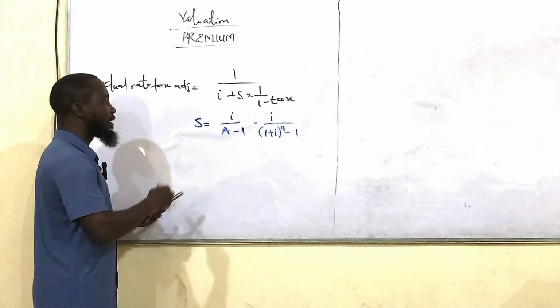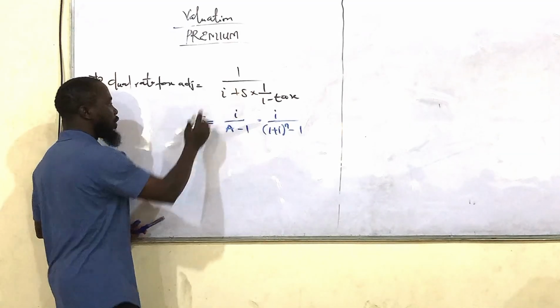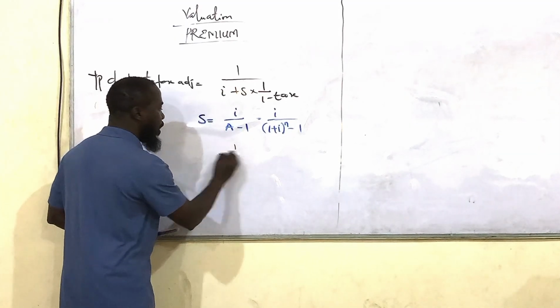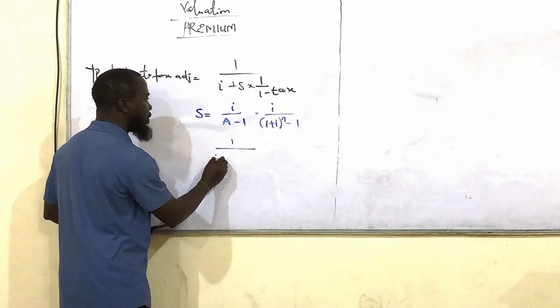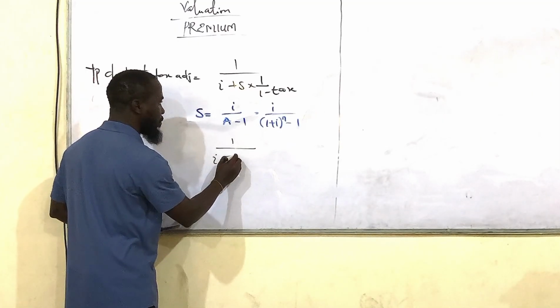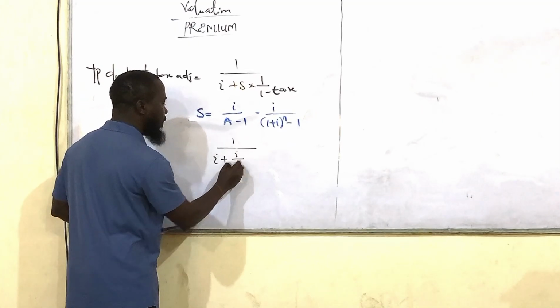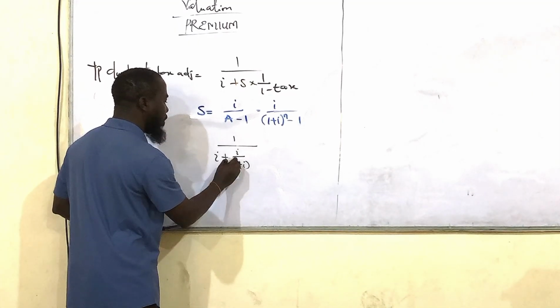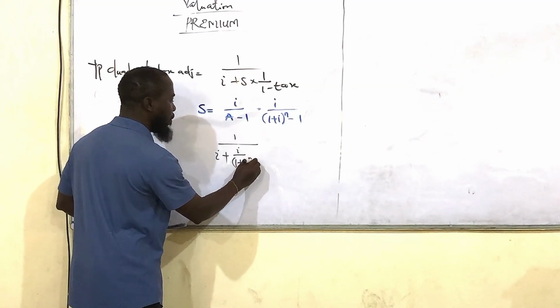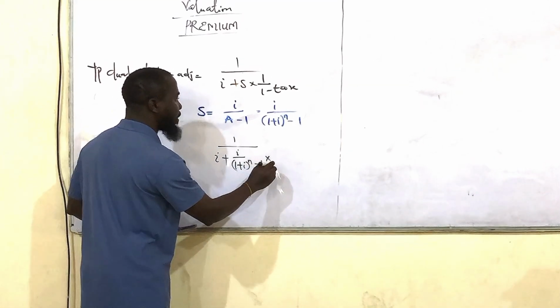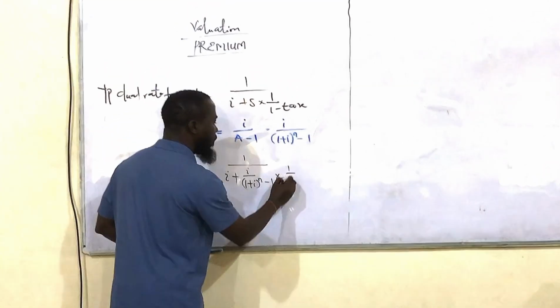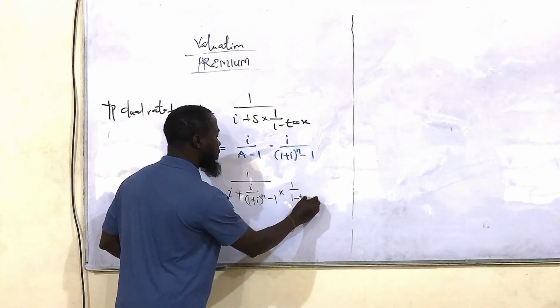If you insert this into the formula, we have 1 all over I plus I all over 1 plus I all raised to power n minus 1, times 1 all over 1 minus tax.